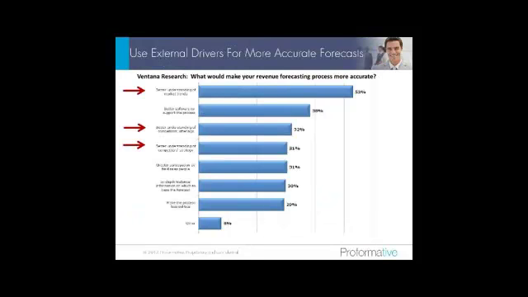And then the third and final research data point here, also from Ventana, is they asked finance professionals, finance and accounting executives, what would make for more accurate forecasts. And the response was quite clear. Companies, CFOs, and professionals are looking to understand market trends.